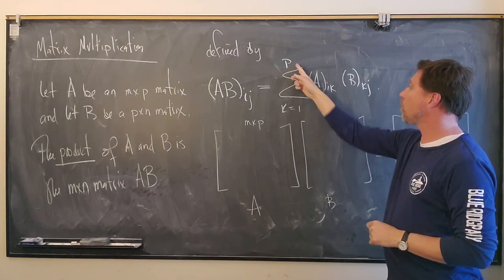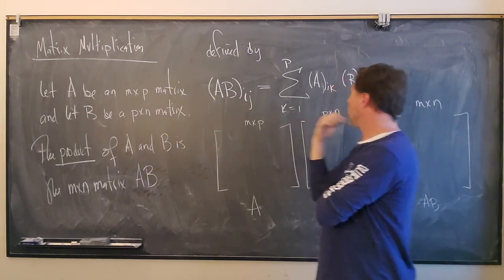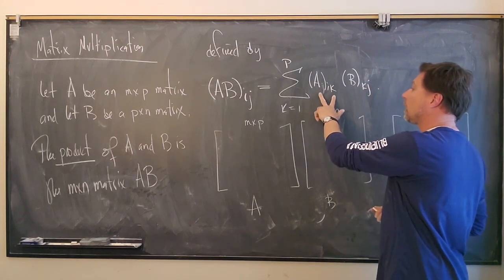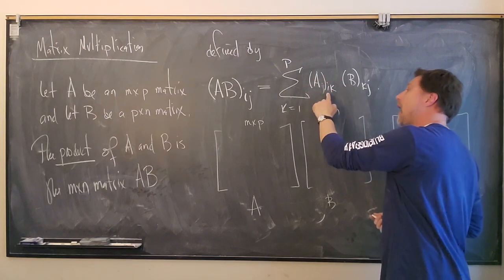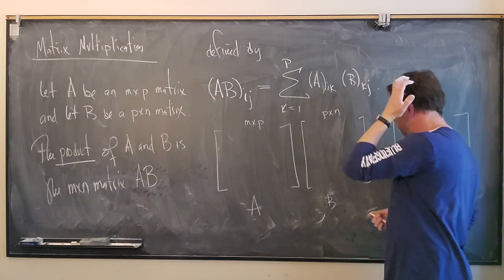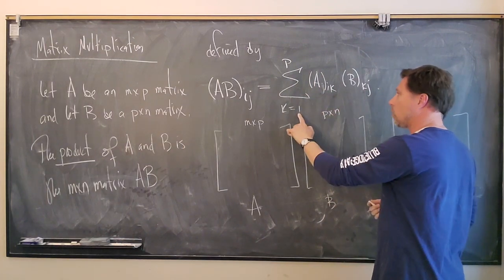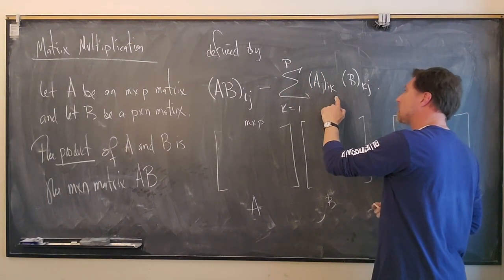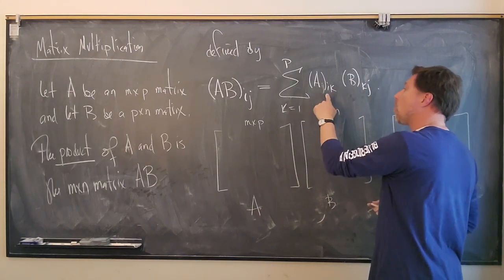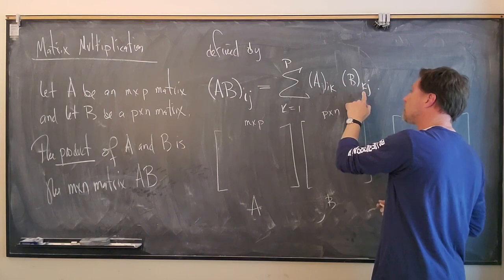K is going from 1 to P. So for the ijth entry, when K equals 1, we will have A sub i1 times B sub 1j, plus A sub i2 times B sub 2j.